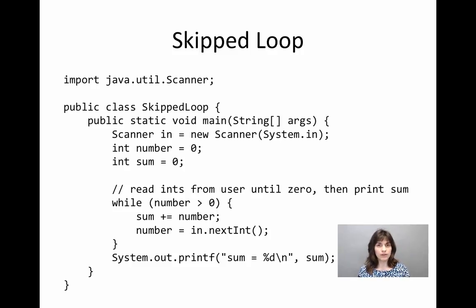The intent of the loop, as it says, is to read integers from the user until 0, and at that time we will print the sum. The problem is that the condition of the loop says while the number is positive. The initial value of number is 0, which means that the control will never enter the body of the while loop, not even once, because the condition is false from the very beginning.